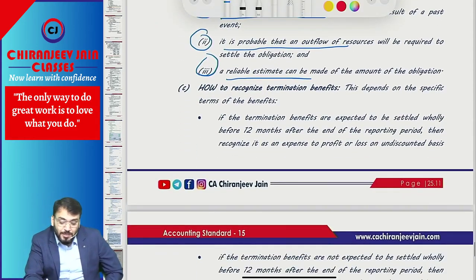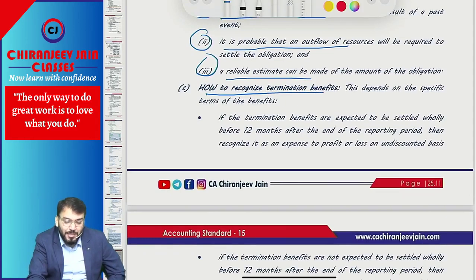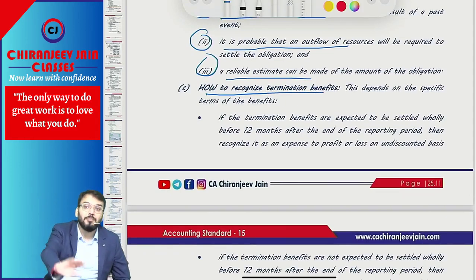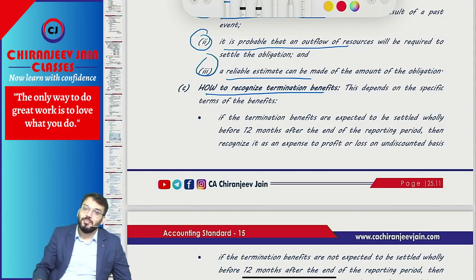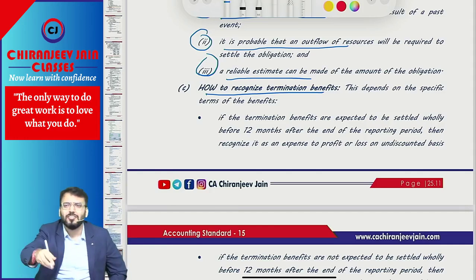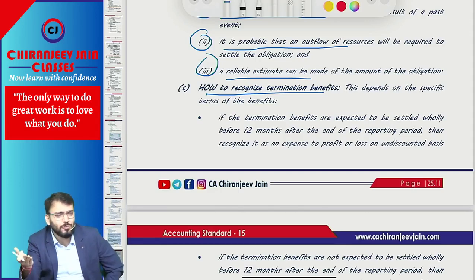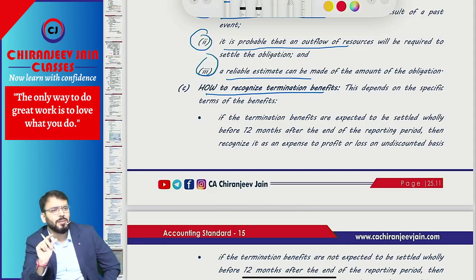Correct. Only we need to understand how to measure termination benefit in simple terms: termination benefit payable within 12 months is at undiscounted amount. After 12 months, at discounted amount. Can be important for a theory question. Or if they ask a practical question also, that this is a termination benefit payable after 2 years, discount rate is 10%.